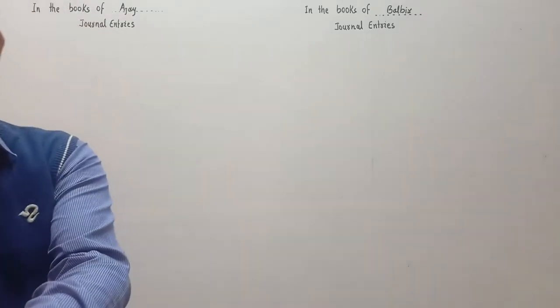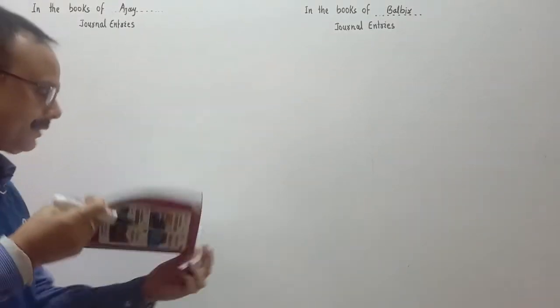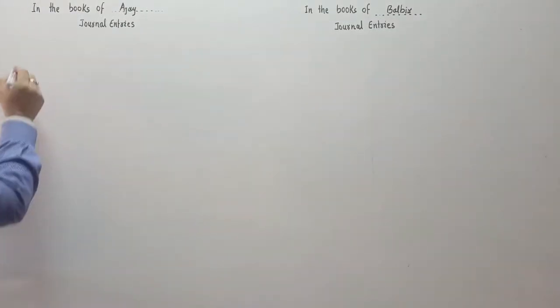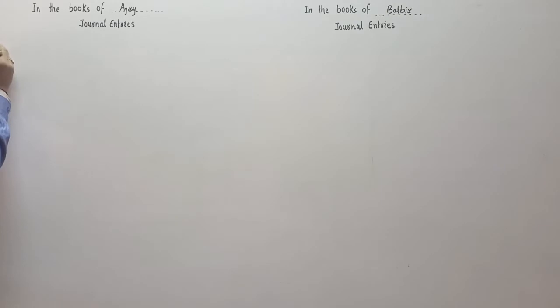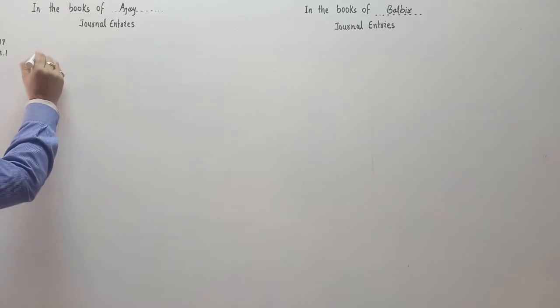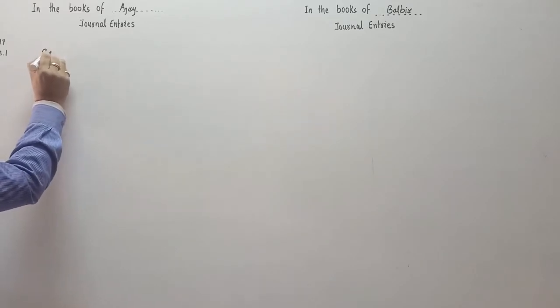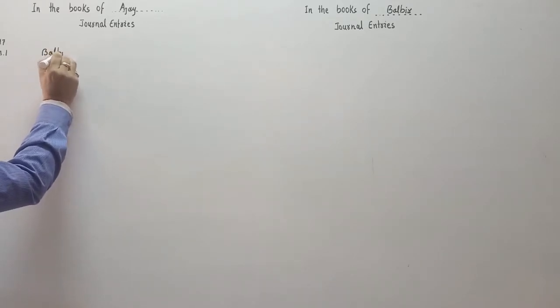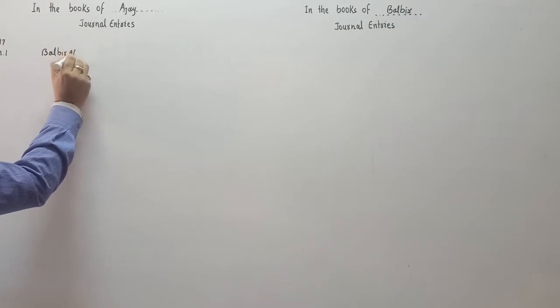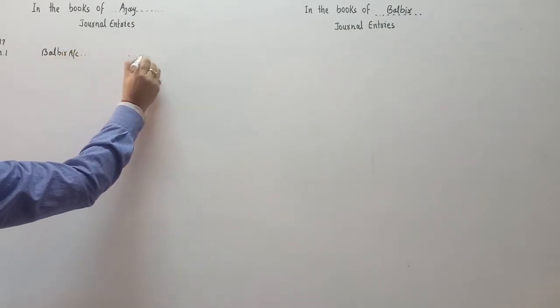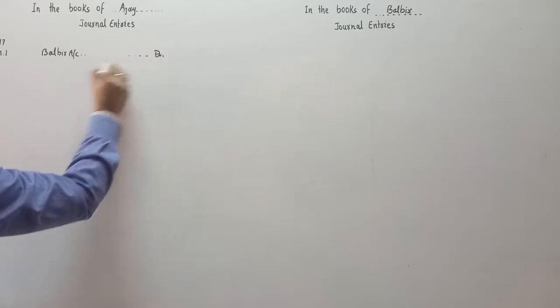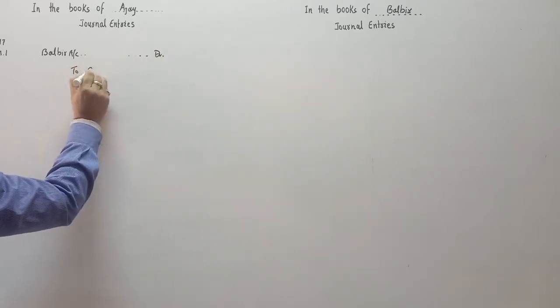As per this question, on January 1st, you write the year first, 2017, January 1st. Ajay sold goods to Balbir, so Balbir account debit to sales account.